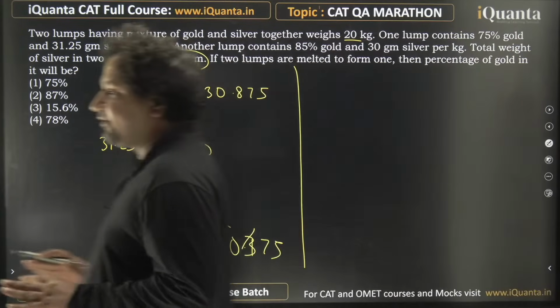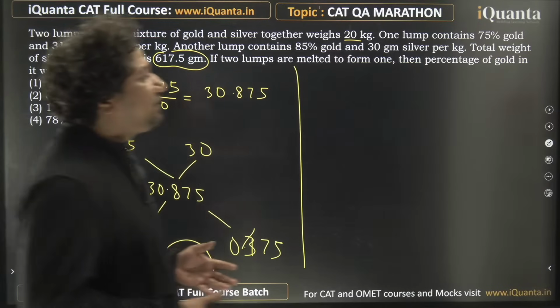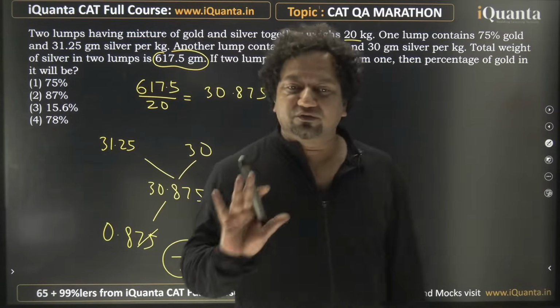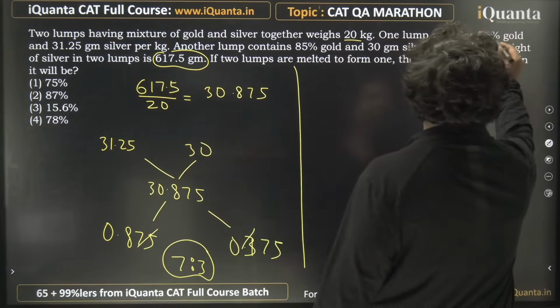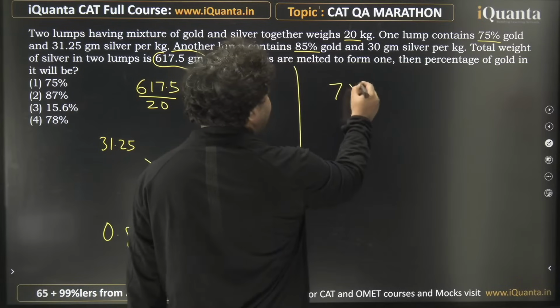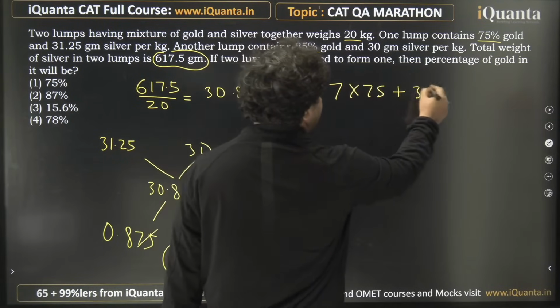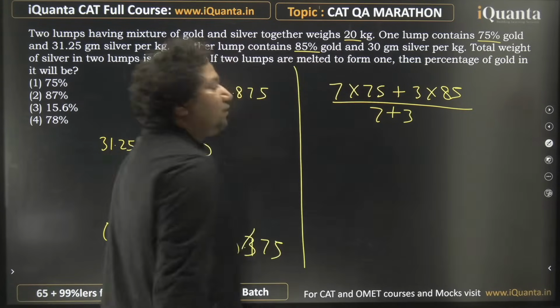The ratio is 7:3, and we have to find the gold in terms of percentage. So we don't really have to calculate the weight of gold. We'll find it in terms of percentage. How? Because the ratio is 7:3, and in the first lump it is 75% gold, in the second it is 85% gold. So 7 multiplied by 75 plus 3 multiplied by 85, whole upon 7 plus 3, will be our answer.